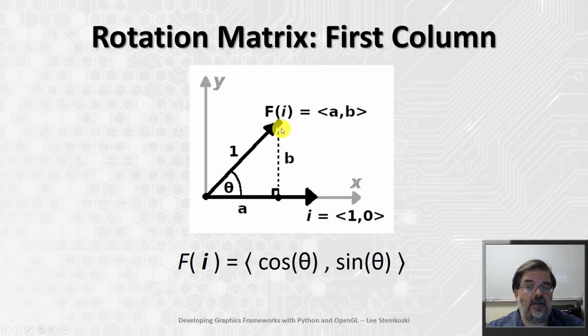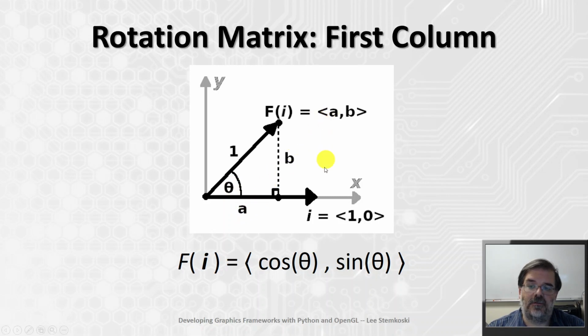And we know how to calculate the lengths of a right triangle. We know, for instance, that to calculate this length, we can actually use the cosine function. Cosine of theta is the adjacent side divided by the hypotenuse. But dividing by 1 doesn't change the value of the number. So cosine of theta is equal to the adjacent side.